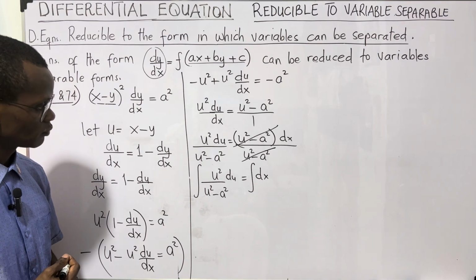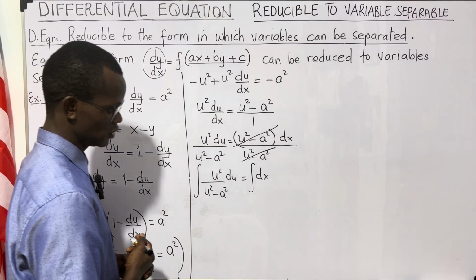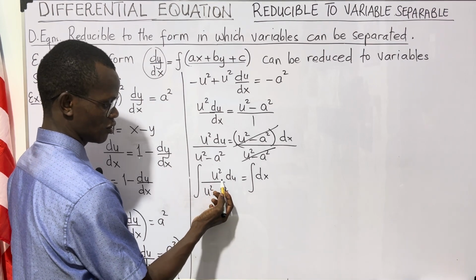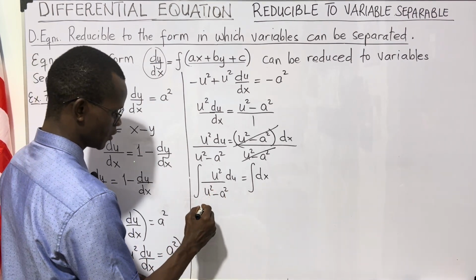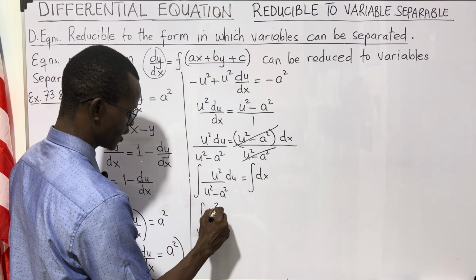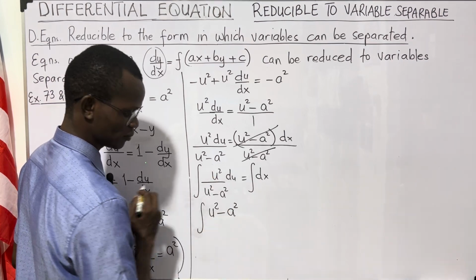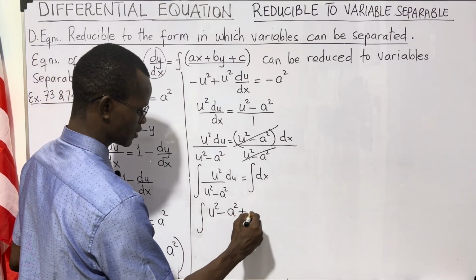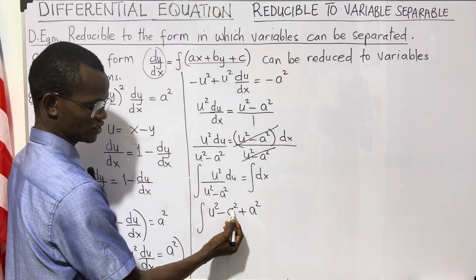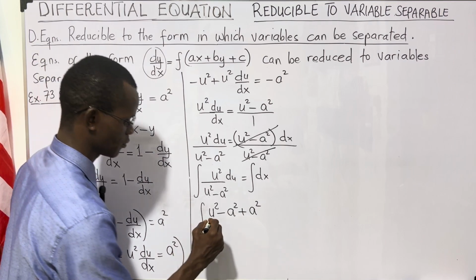Like in the previous video, you can apply long division. But since I already showed you the technique, you just rewrite this u squared as u squared minus a squared plus a squared, because minus a squared plus a squared goes to zero.